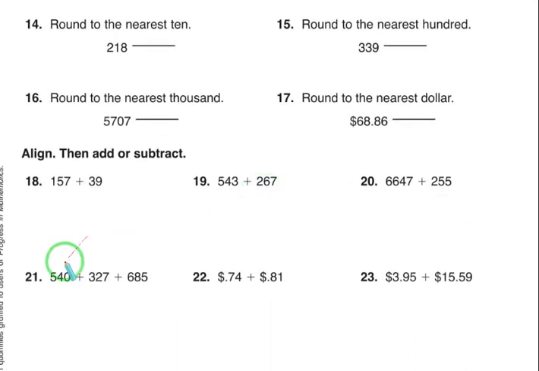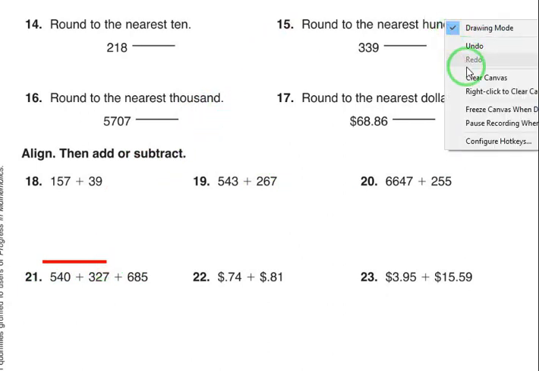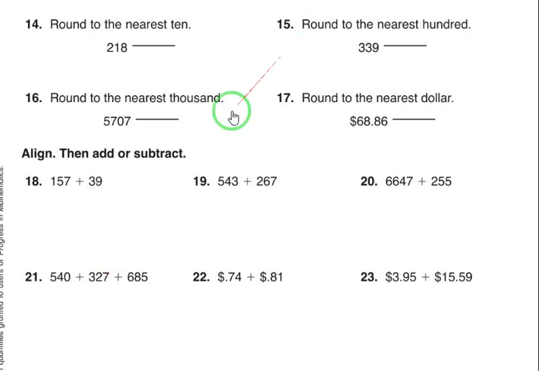Here we have 3 addends. You have two ways to solve. You can add the first 2 together, then the sum we add to the third addend, or we can align them down each other.